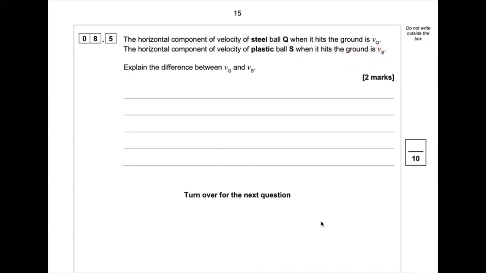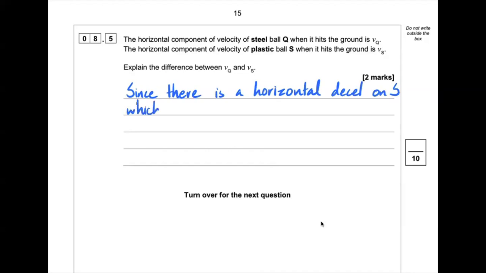So I'll say that since there is a horizontal deceleration on S which is greater, and this is basically because of the air resistance, right? Because of its greater size, right?